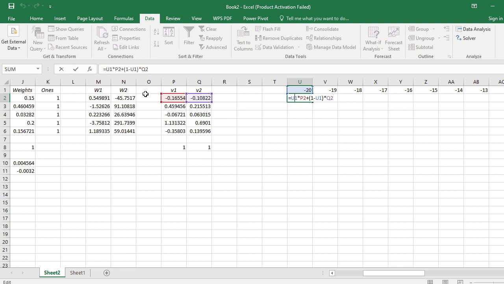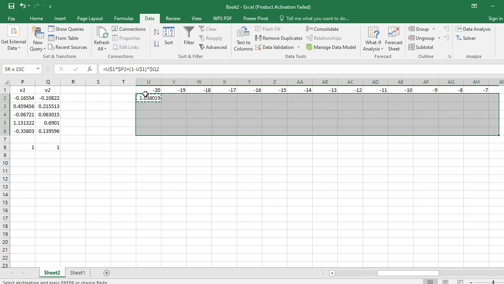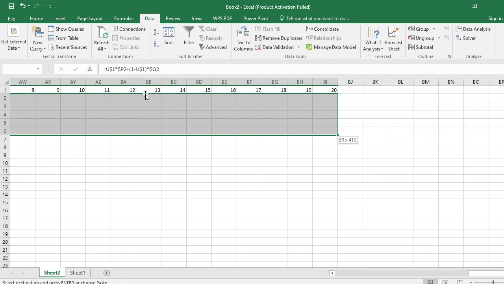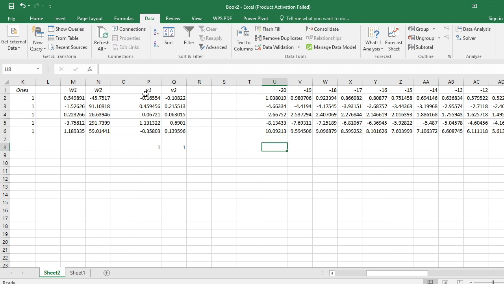I want this locked, this locked, this locked, and this locked. Make sure they add up to 1, double check. It does. Same with other things, yes. So these are the weights of 41 portfolios.